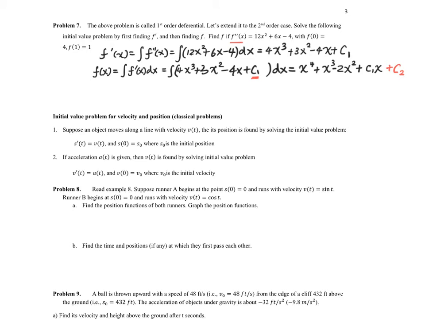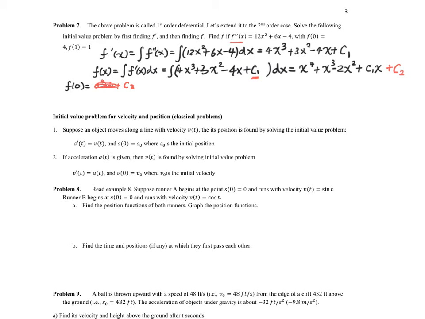After that, we are going to use the initial conditions. f of 0 is equal to 4. f of 1 is equal to 1. So for f of 0, we are going to plug in 0 in this function. This will give us 0 to the fourth plus and so on and so forth, and at the end we're left with c2.